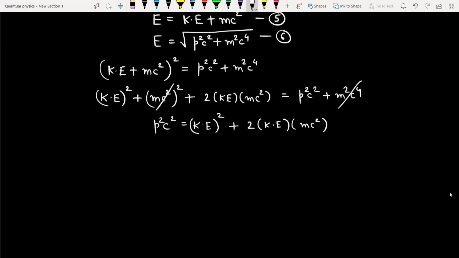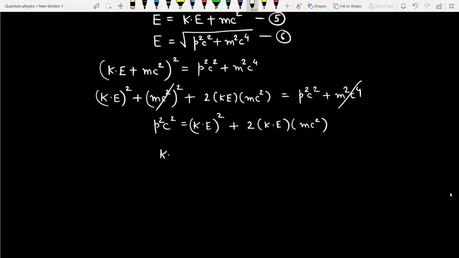Whenever the incoming photon strikes the electron, it obviously loses some energy. So where does that energy go? That energy goes into the kinetic energy of the scattered electron. So that is the source of the kinetic energy of the scattered electron.